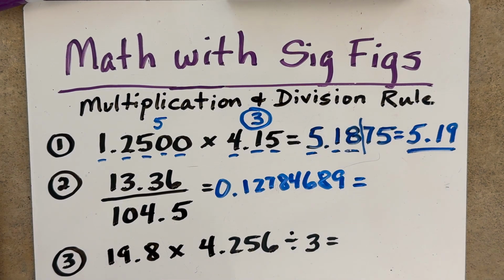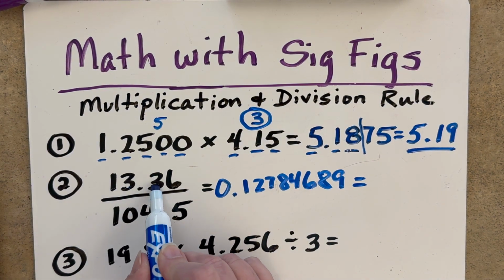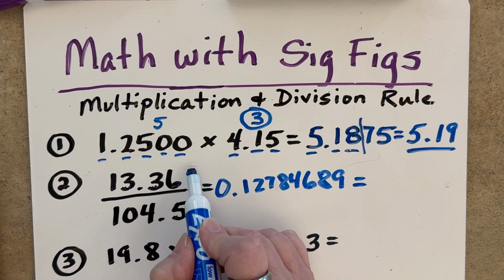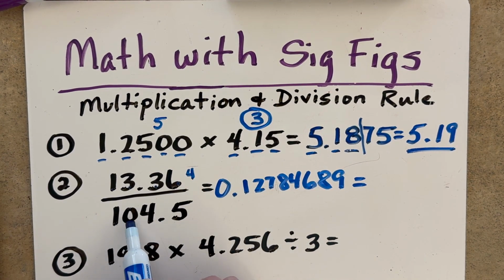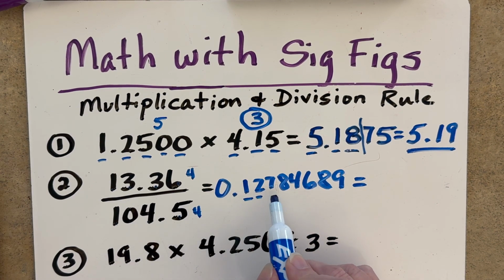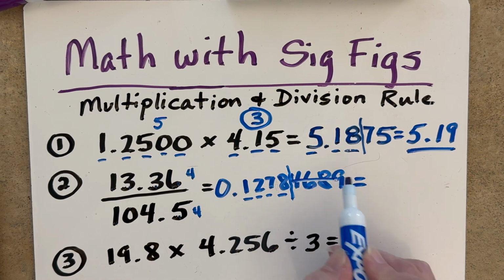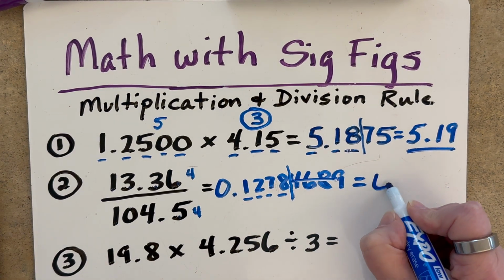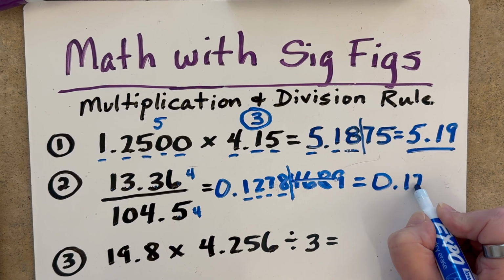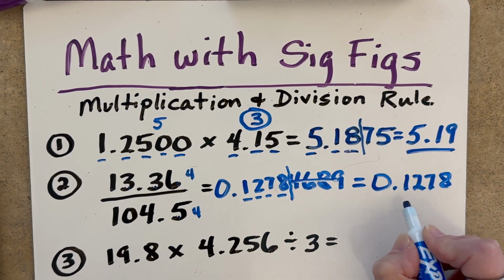So we want to see what we need to round that to. Our top number has 1, 2, 3, 4 sig figs. Our bottom number has 1, 2, 3, 4 sig figs. So we're going to keep 1, 2, 3, 4. That's not a 5 or higher, so we just chop it off. And our final answer is 0.1278.